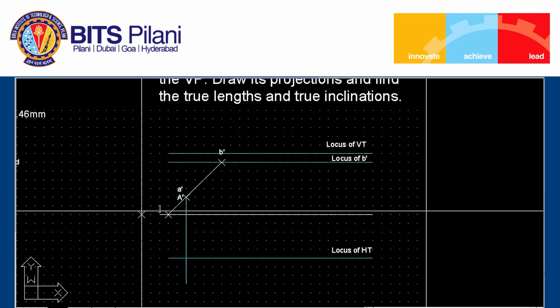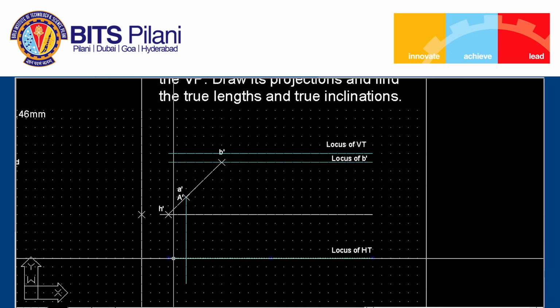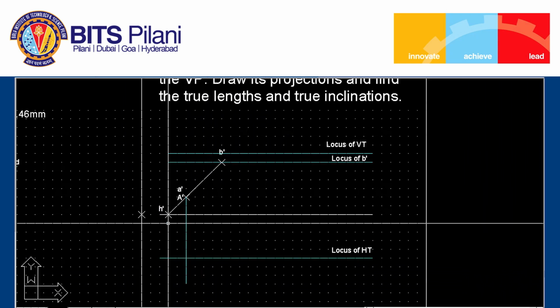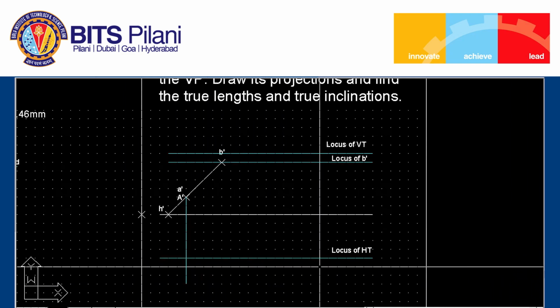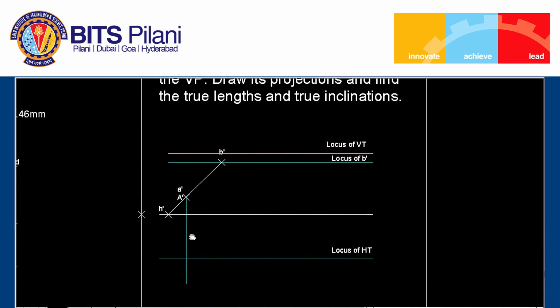This point is nothing but H prime. And the top view of H prime is nothing but HT, which will come on the locus of HT. So we have to simply draw the projector line.